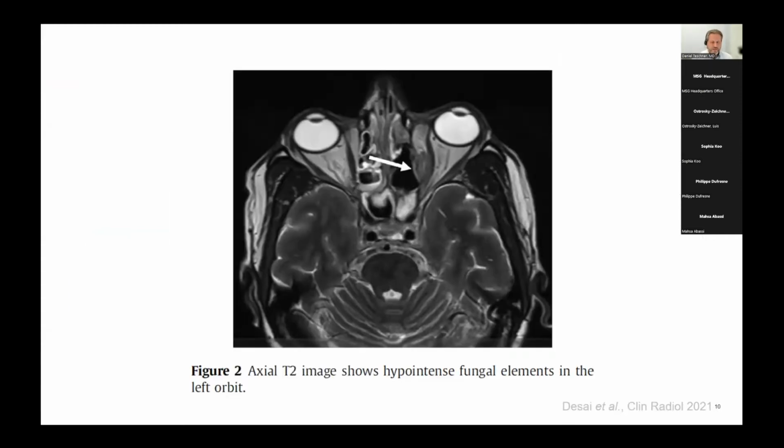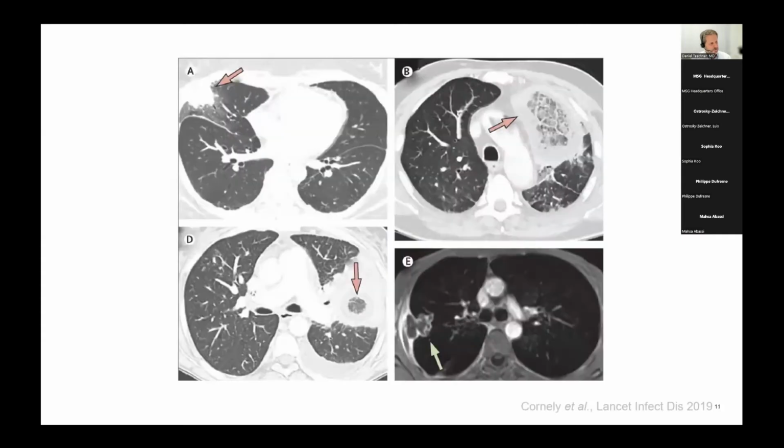You would expect in the MRI to detect minor lesions of the soft tissue, as shown here in the orbita. But of course, in the guidelines and in our daily life, the pulmonary imaging is the most important thing. We're heading for the halo sign, the inverse or reversed halo, or whatever we are trying to detect.